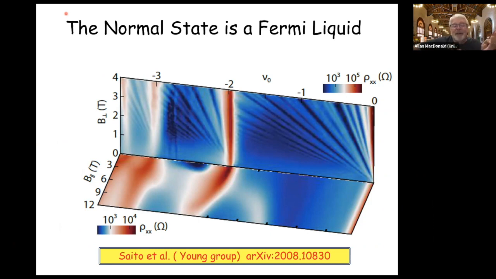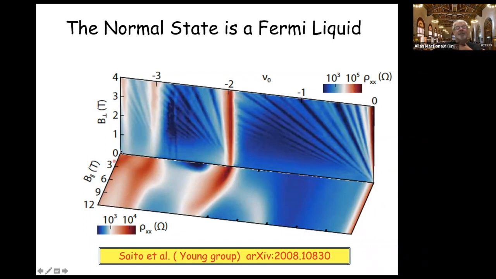First place by Pablo Herrero's group, also Dmitry Yefetov, Corey Dean, and so on. And so, this is a color scale plot of resistance versus magnetic field.